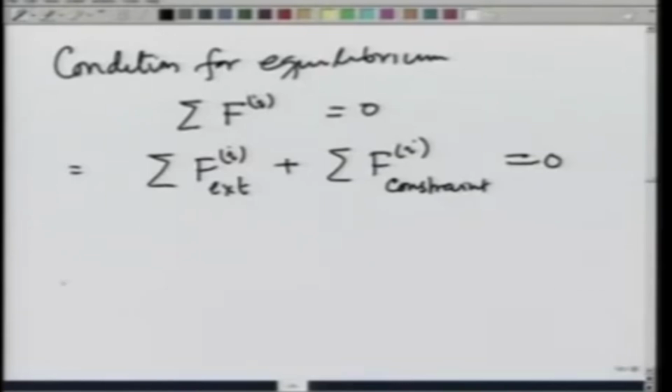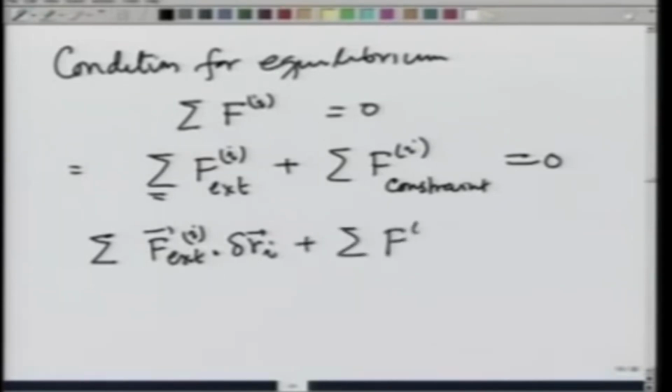Now, let us calculate the virtual work done. Virtual work done is going to be the summation of F external i dot delta Ri, which refers to all the forces that are applied, plus the summation of Fi, where i refers to the ith particle, constraint dot delta Ri, is equal to 0. It is 0 because the right hand side is 0. However, we have already said that constraints do no work.